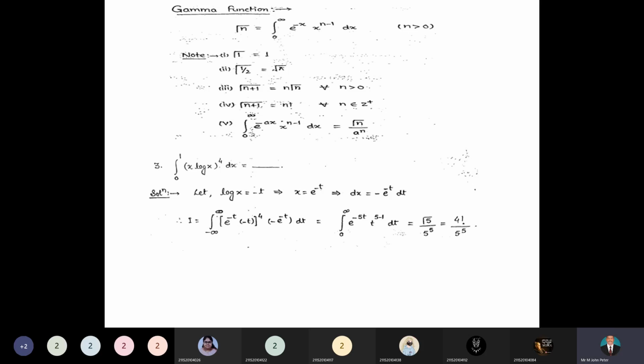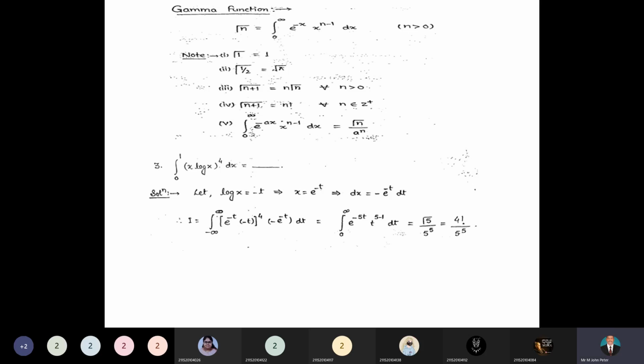When x equal to 1, what is the t value? That means minus log 1, and log 1 value is 0. When x equal to 0, log x is infinity. That's why in the integration they have put the limit, not minus infinity. So 0 to infinity only we will get.